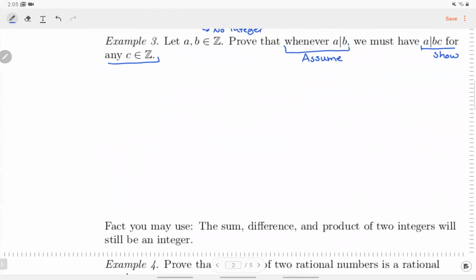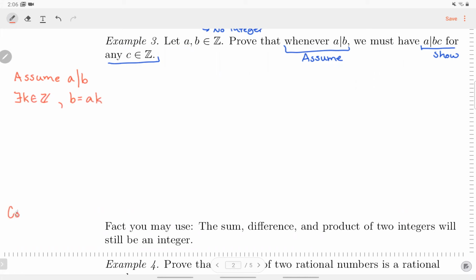All right, scratch work. So I'm going to assume A divides into B. A is a factor of B. Then I think back to my definition. What's that mean? Well, that's going to mean there exists a K in the integers with B equal to AK. That's what the definition meant.